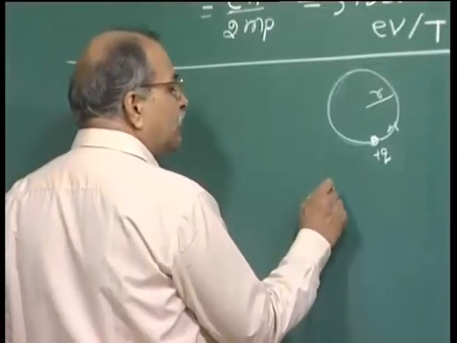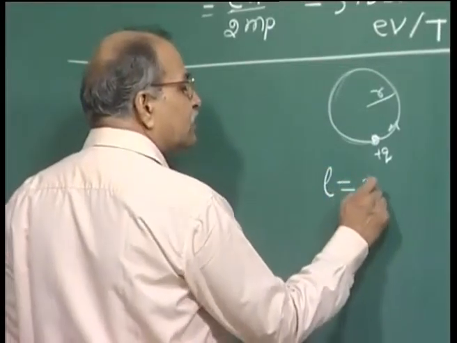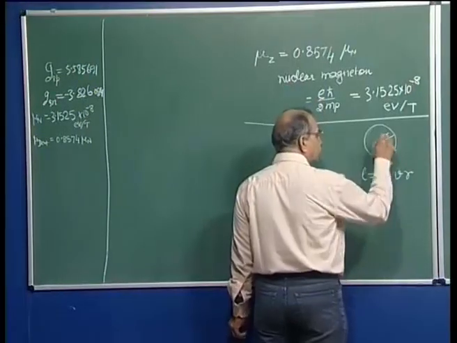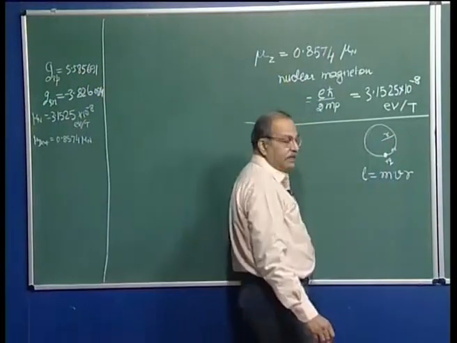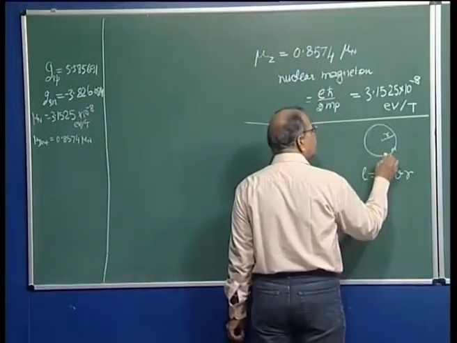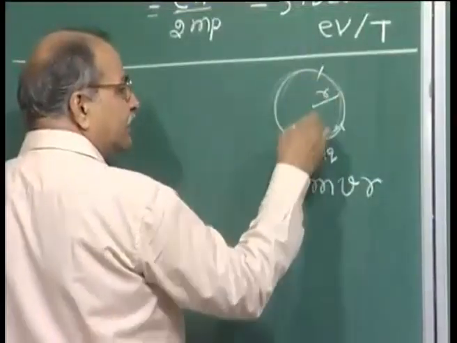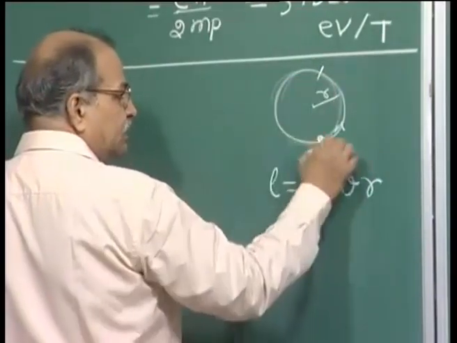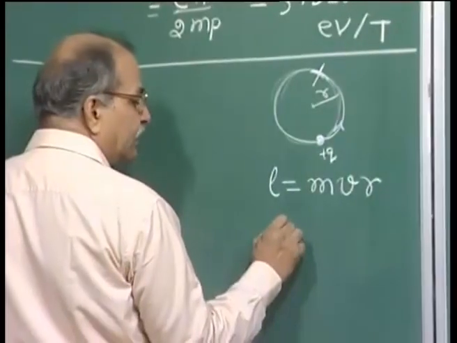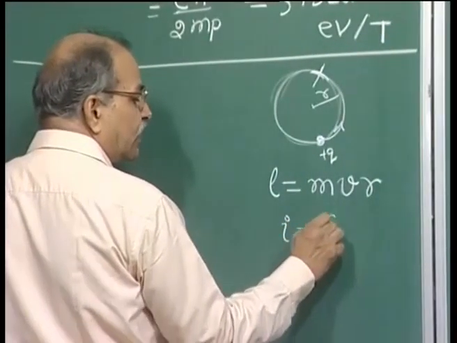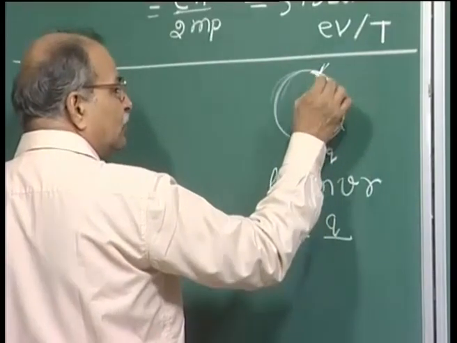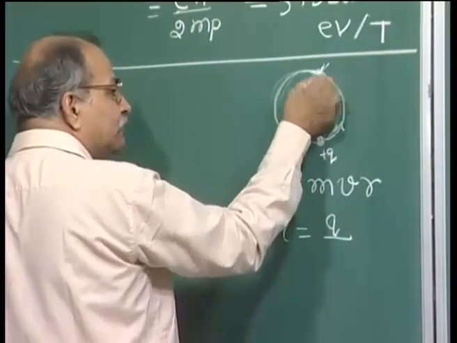So, the angular momentum L is the mass of the particle times speed times r, that will be Lz. The equivalent current is q charge crossing, divided by time.